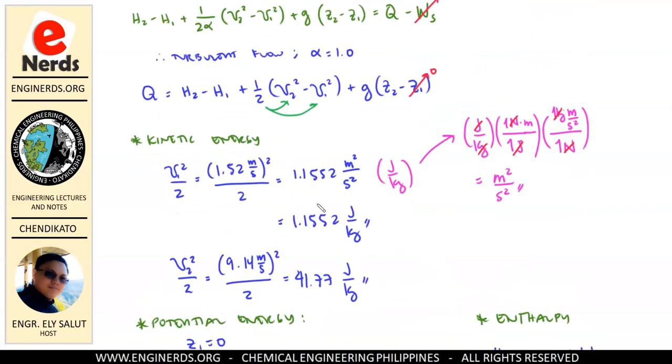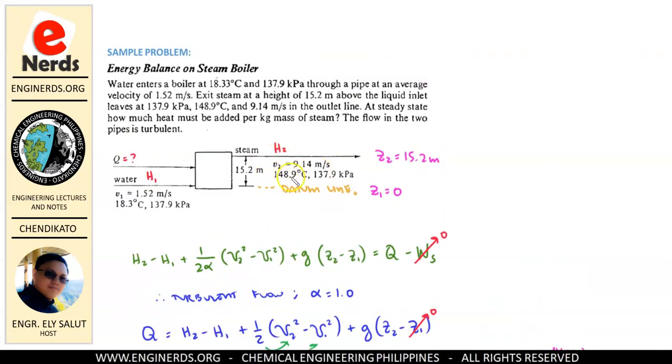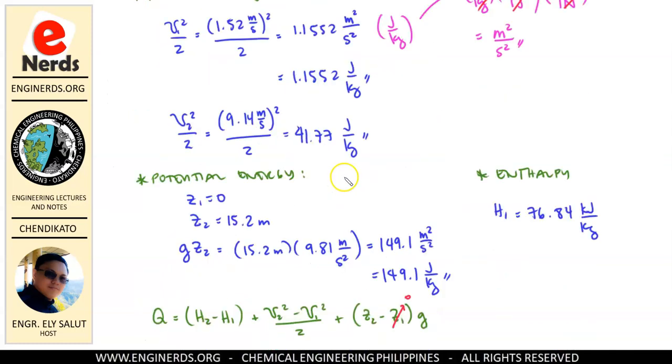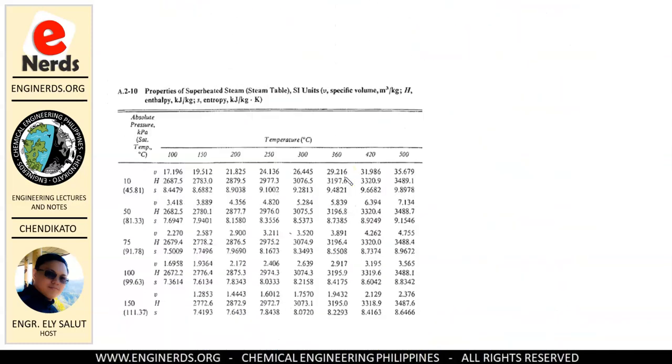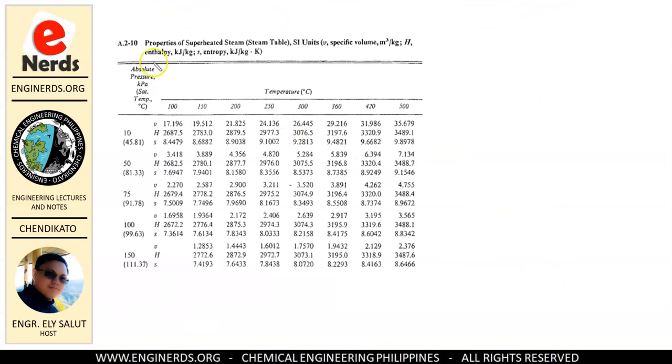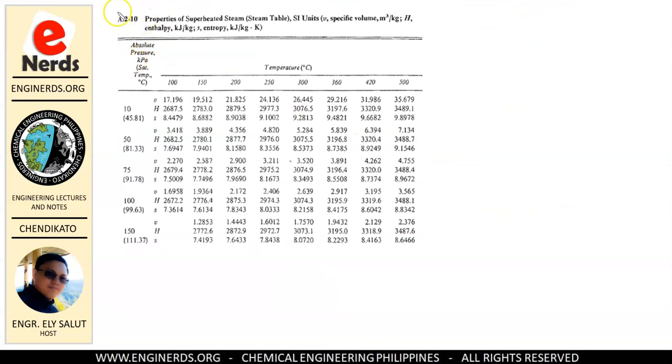Okay, so kunin naman natin yung H2 natin. So, yung ating enthalpy dito sa ating exit stream. So, given din ang ating temperature at pressure. So, our temperature is 148.9 degrees Celsius and our pressure is 137.9 kilopascal. So, we're going to use, again, a steam table dito sa Appendix 2, 8.2-10.